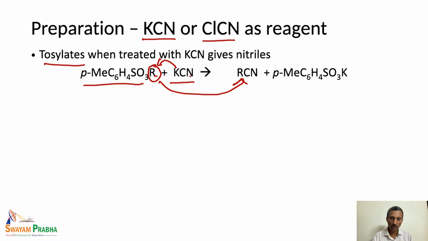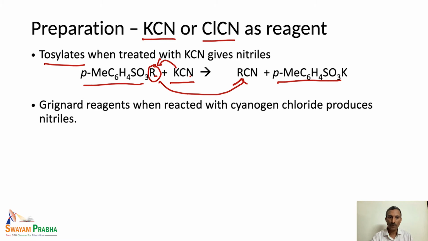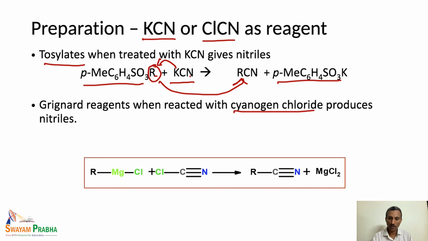R and CN form the bond to give R-CN, that is, alkyl nitrile is formed along with the potassium salt of toluenesulfonic acid. Sulfonate salt is formed, and Grignard reagents, when treated with ClCN, that is cyanogen chloride, produce corresponding nitriles.